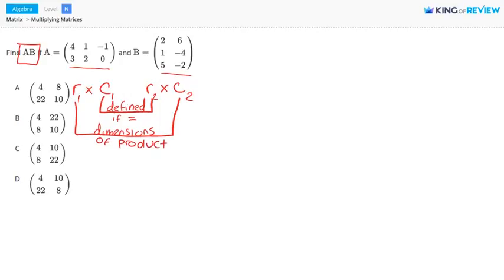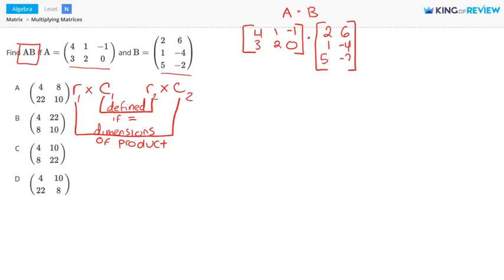So let's take a look at A times B. We have matrix A, 4, 1, -1 in the first row, and 3, 2, 0 in the second row. And we're multiplying this by matrix B, 2, 6 in the first row, 1, -4 in the second row, and 5 and -2 in the third row.